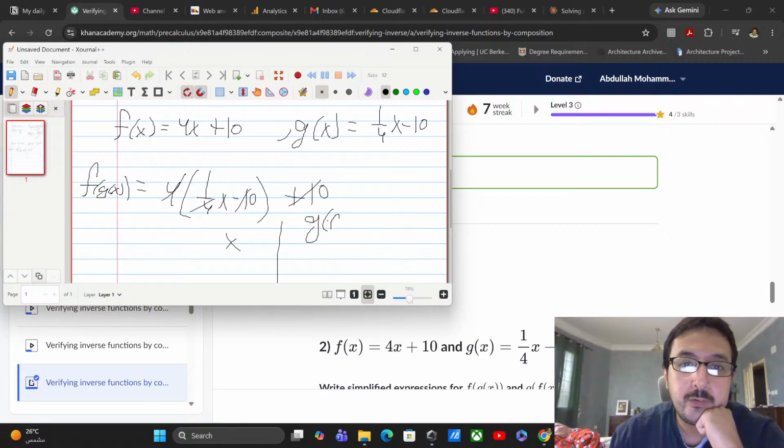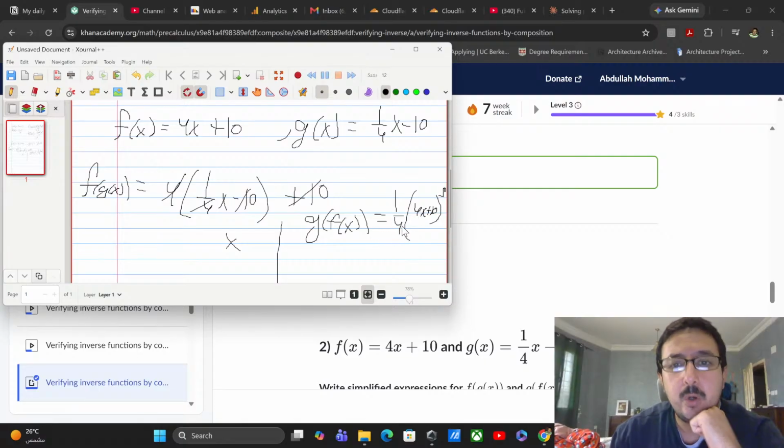And then here we'll go g of f of x. Is this the same? I got 1/4 of 4x plus 10, minus 10 here. So this is actually over 1.